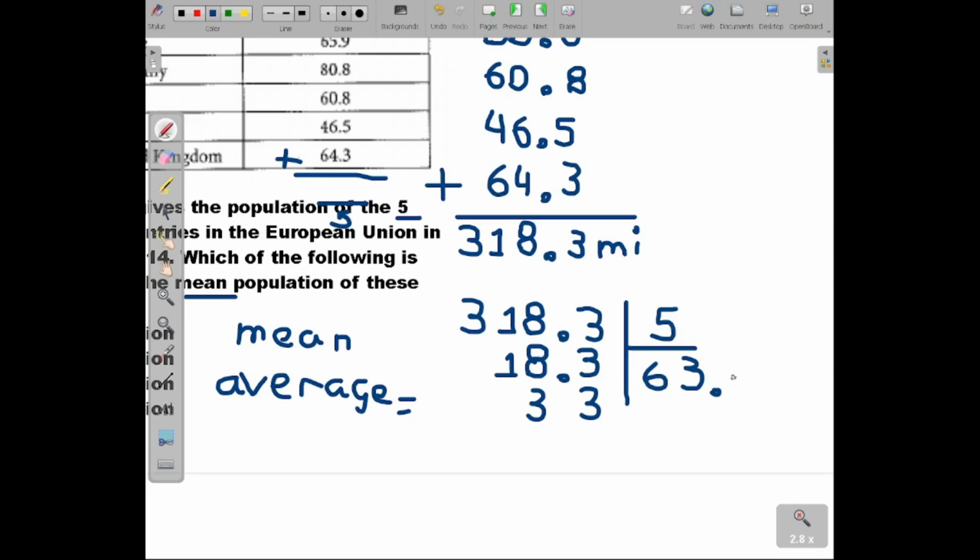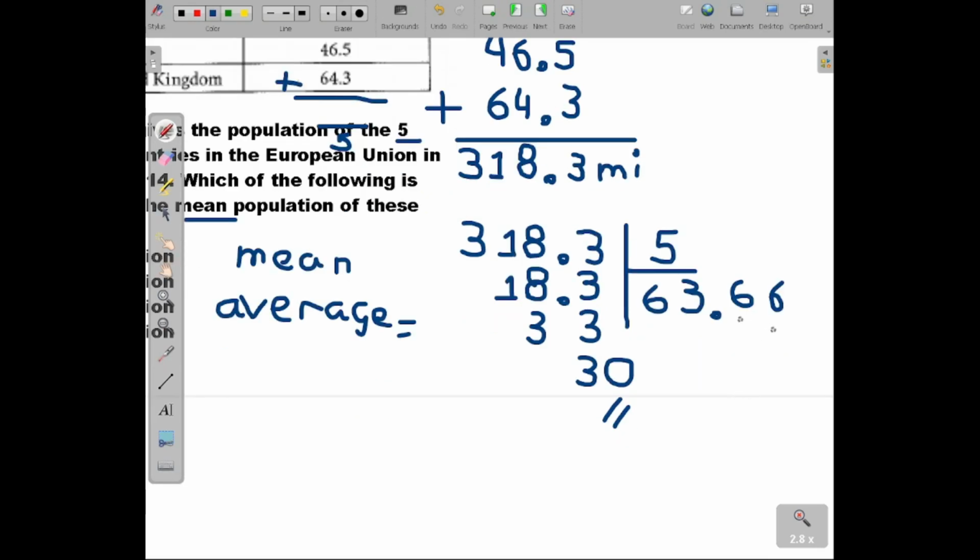Again, 6. 5 times 6 is 30. And if we want to continue, we could add a 0. And what number multiplied by 5 is equal to 30? 6. So we cancel out that. And that's the end of our division.